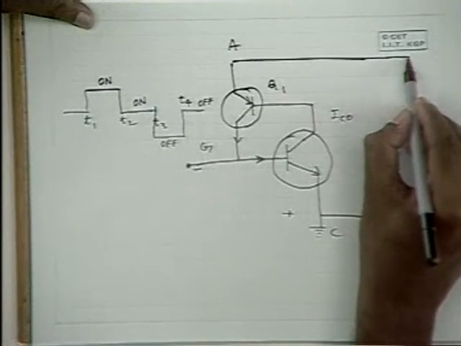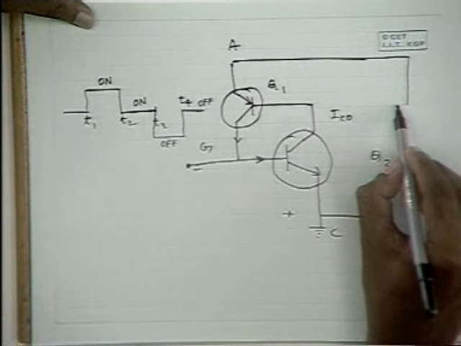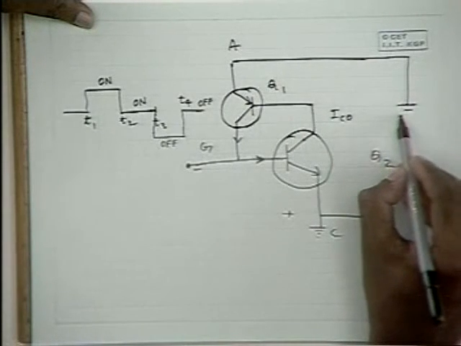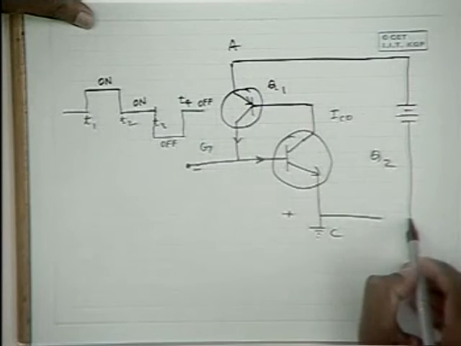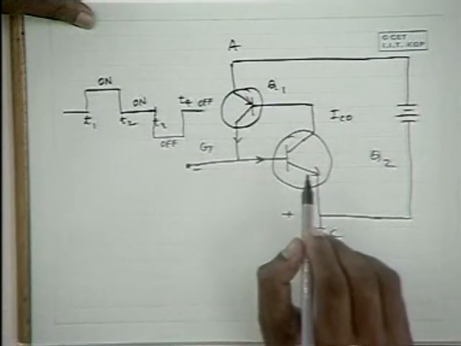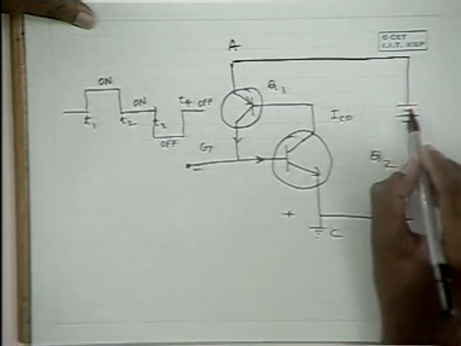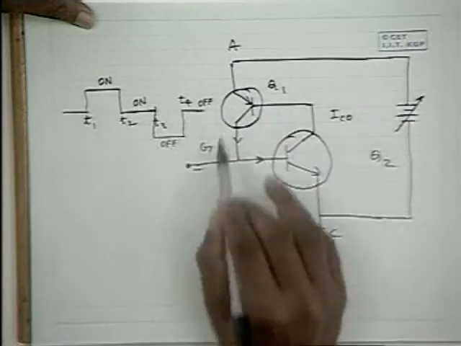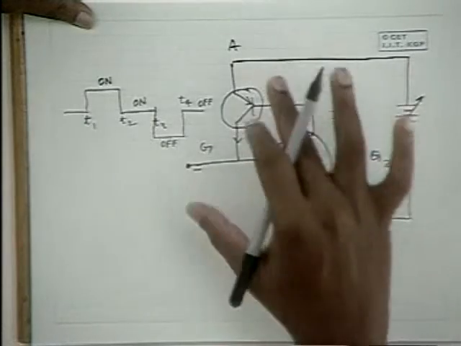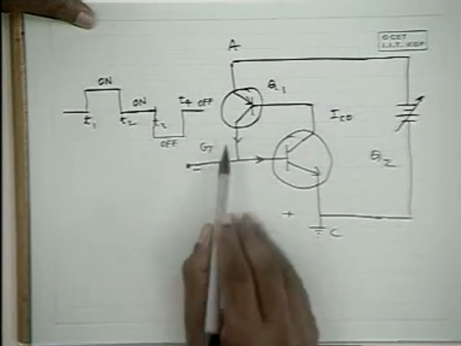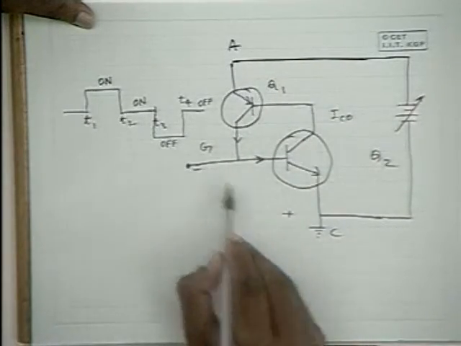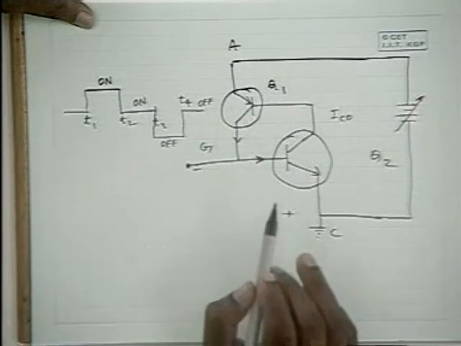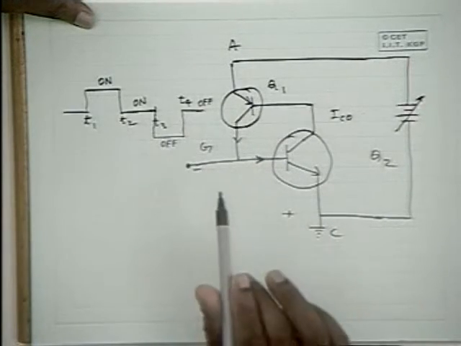Now, please note that for any semiconductor electronic device made of p-n junctions, when the potential is applied across them, up to a certain limit, it acts like an open circuit, and when it is initially turned off and there is no gate pulse or no positive voltage applied to the gate.